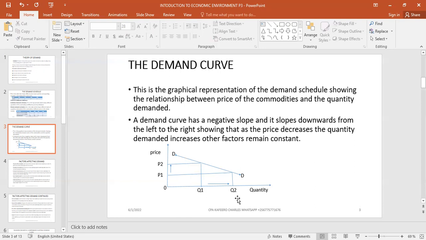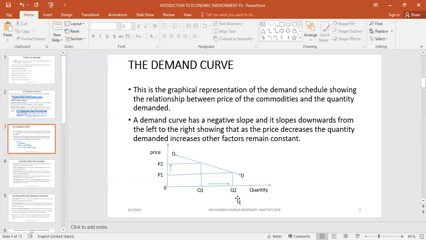So we have reasons why the demand curve is sloping negatively, following the law of demand, sloping downwards, as we are going to see in the next slides.